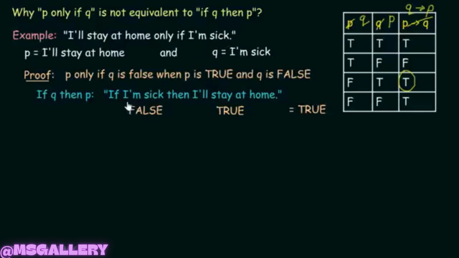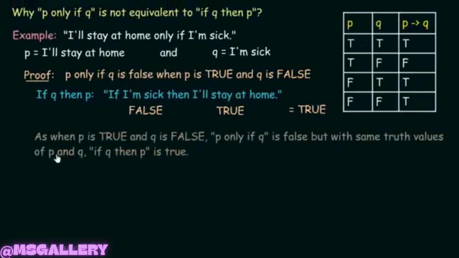But here there is no restriction at all. Here if you are not sick, then you can stay at home. You cannot stay at home. In both the cases, the compound proposition is still true, right? But here, when Q is false, then P has to be false. Then only we would be able to make this compound proposition true. Let me read this statement.